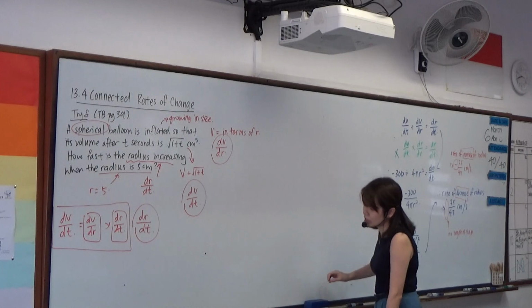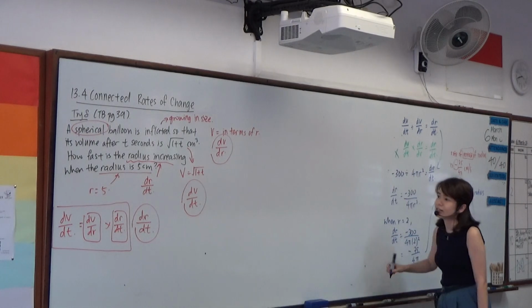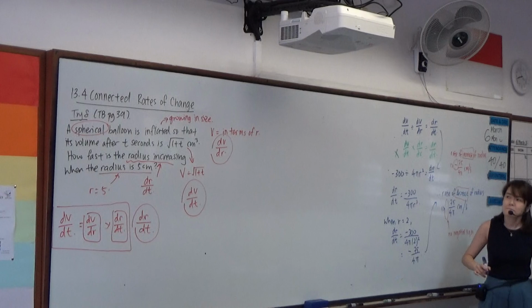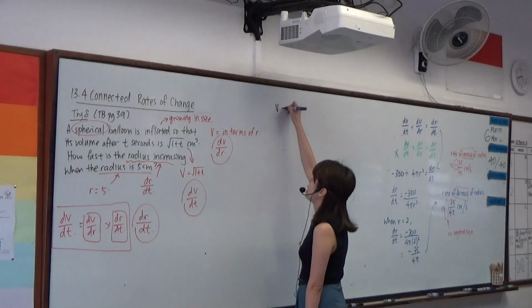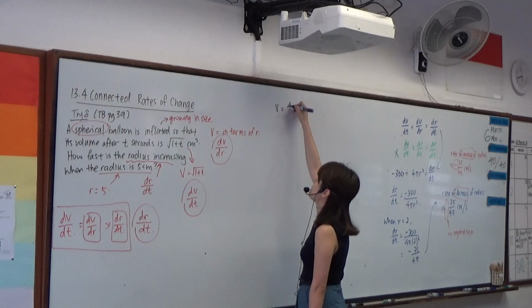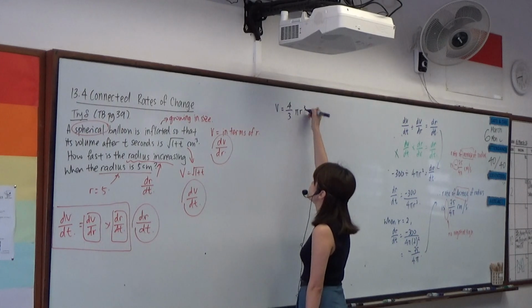That will usually be a rough sketch of understanding the question. Now we find out what is dv over dr. V in terms of r will have to be your 4 over 3 pi r cubed.